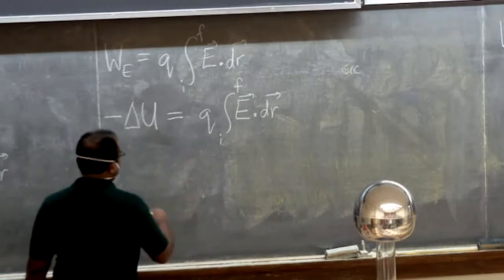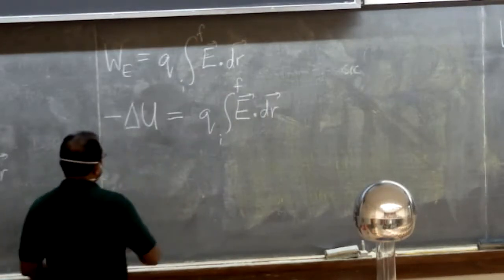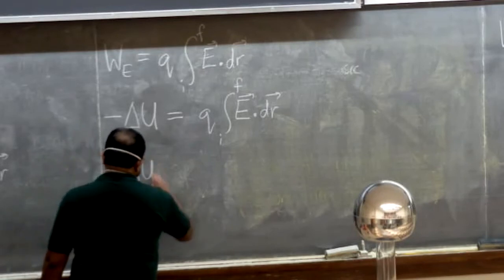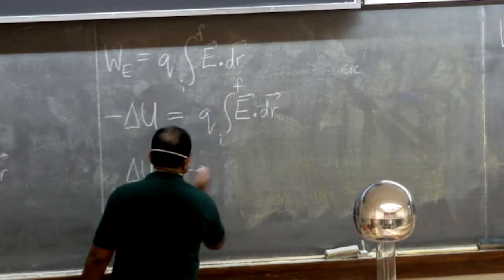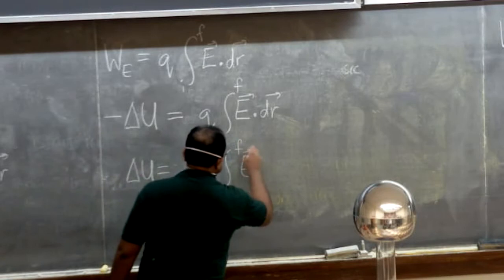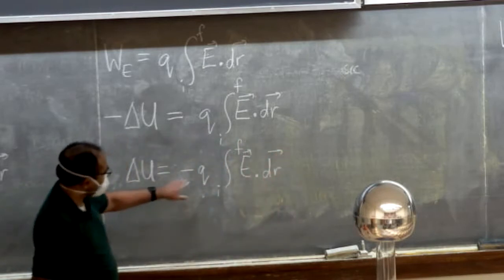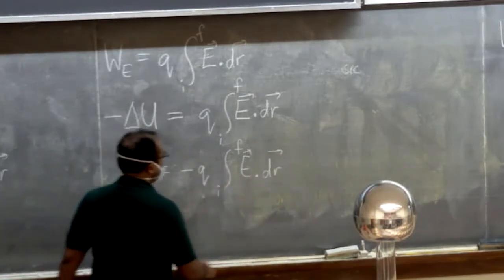And so what we're going to do is, first let me just move the minus sign over. So I have minus q times this integral. And then I'm going to pull the minus sign with the integral. I'm going to leave the little q outside.